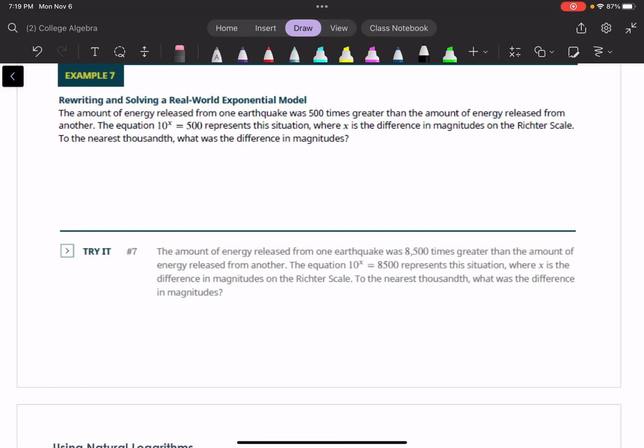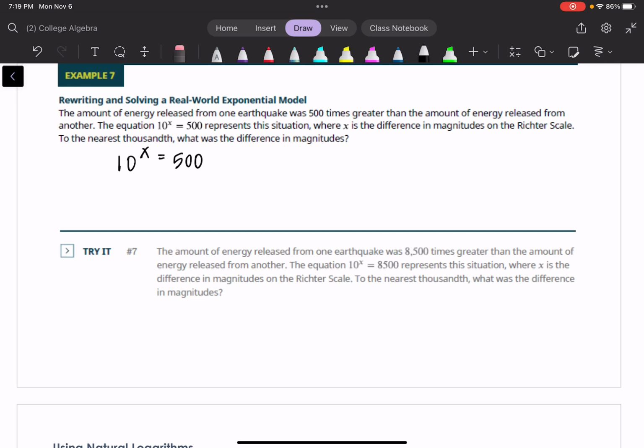So a real world exponential model, we can also solve these. So this is talking again about the magnitude and the energy released from an earthquake. And it says that the model for this situation is 10 to the x equals 500. Well, unfortunately, 500 is not a nice even power of 10, so we would not be able to guess at this.